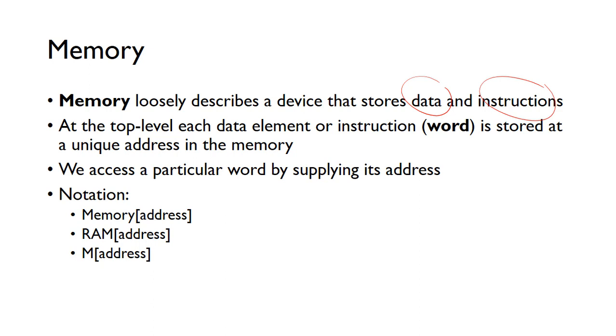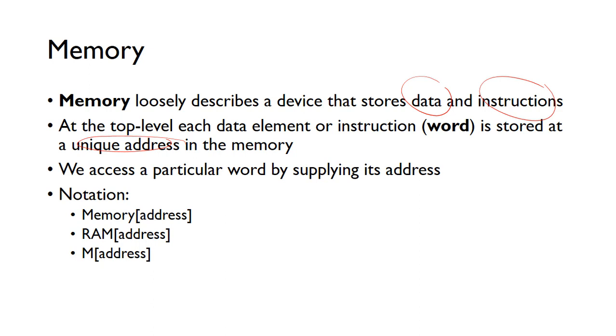Each slot has its own unique address. For a 16-bit memory, each slot will be a 16-bit word. To access a particular word, you need to supply the address of its slot.